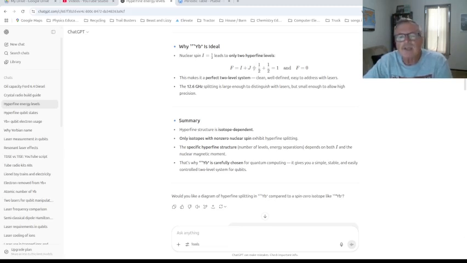And what's nice is when it bumps around between these two, between the F equals 0, where it's I plus J, 1/2 minus 1/2 equals 0, and 1/2 plus 1/2, which equals 1. So these are the 2 levels, and it makes a perfect 2-level system.